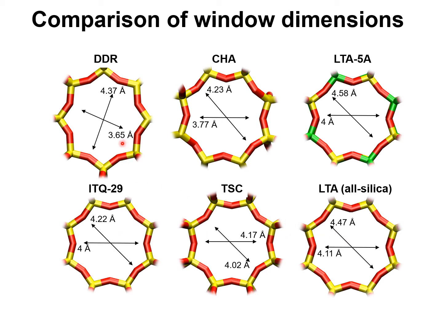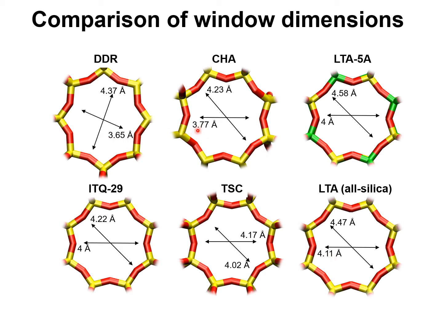We should therefore expect that the diffusivities in DDR, which has the narrowest dimension of 3.65, to be lower than the diffusivity of the same guest molecule in Chabazite, and the diffusivity of that guest molecule would be larger in, say, LTA all silica zeolite.